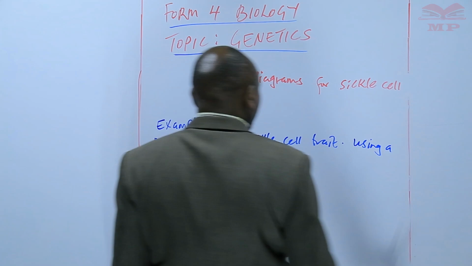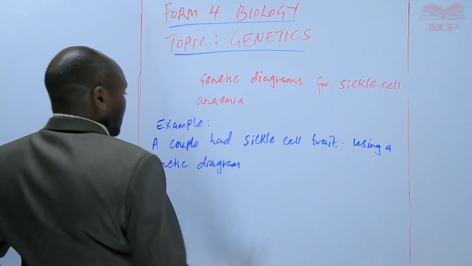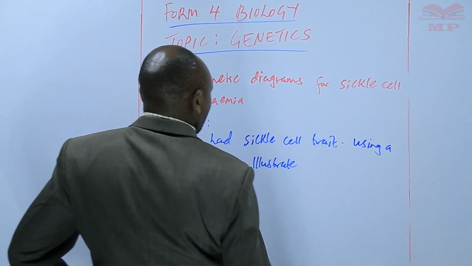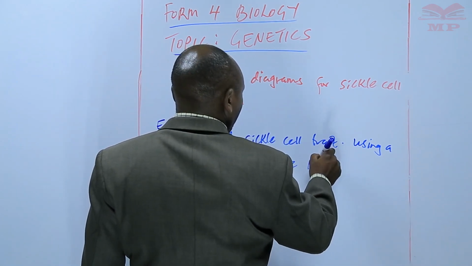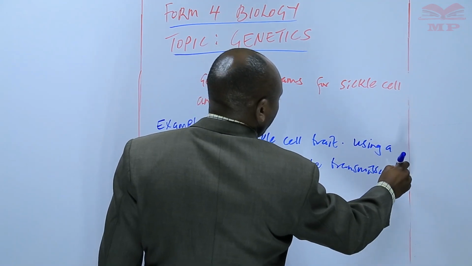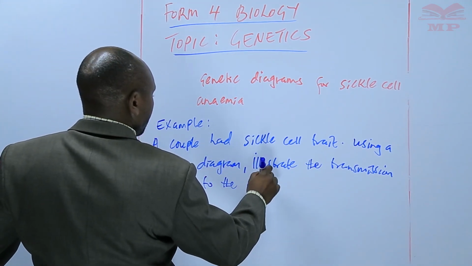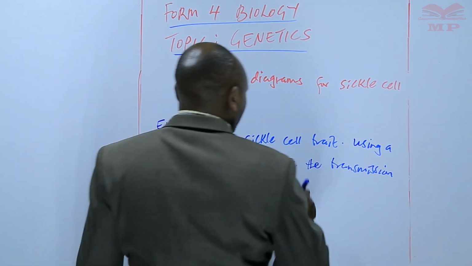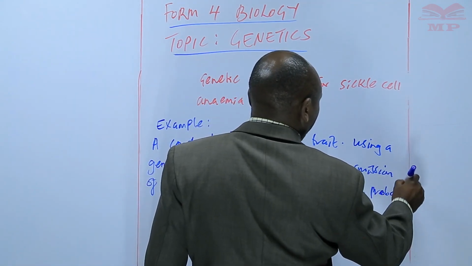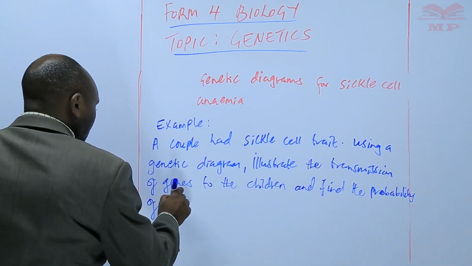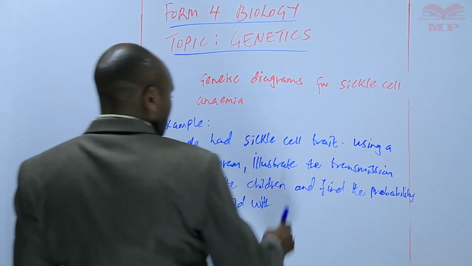Then using a genetic diagram, illustrate the transmission of genes to the children and find the probability of bearing a child with sickle cell anemia.